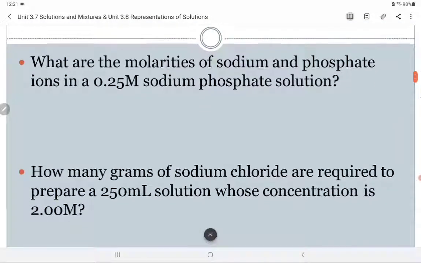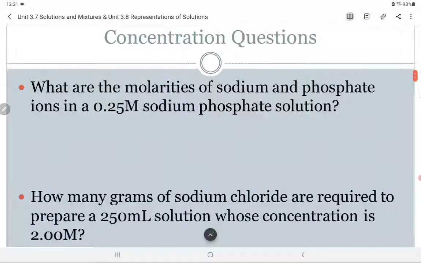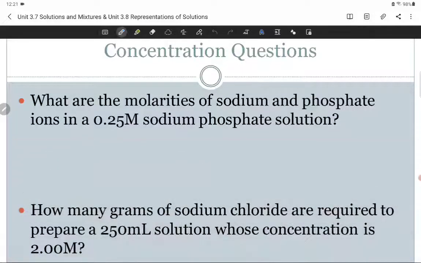So these would probably be more multiple choice questions when we get to a test, but we'll work this out in a free response kind of mode here. So to do a question like this, what are the molarities of sodium and phosphate ions in a sodium phosphate solution? You have to know what sodium phosphate is.